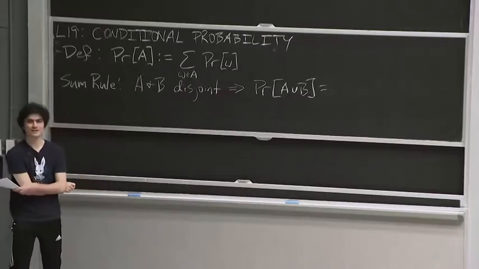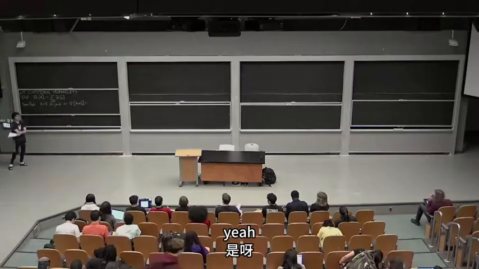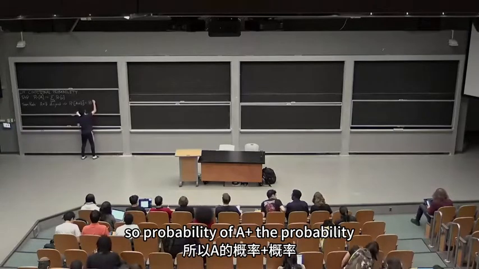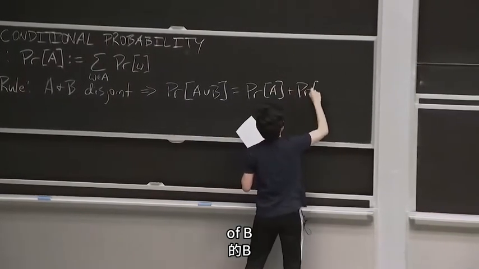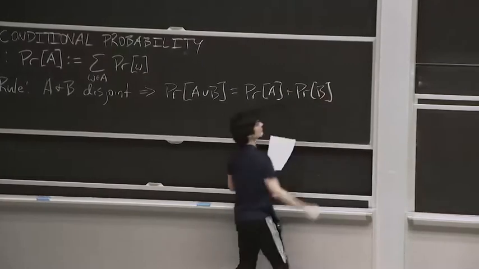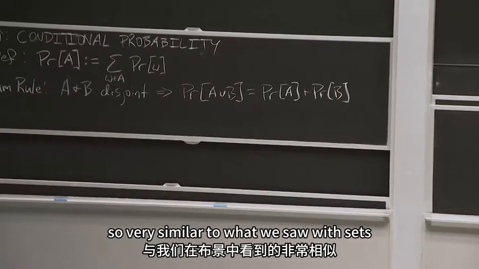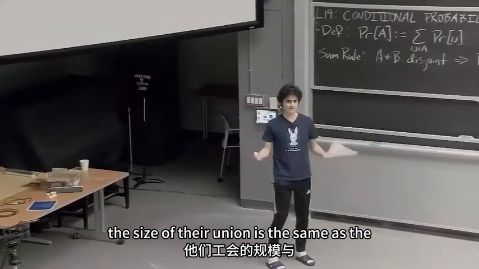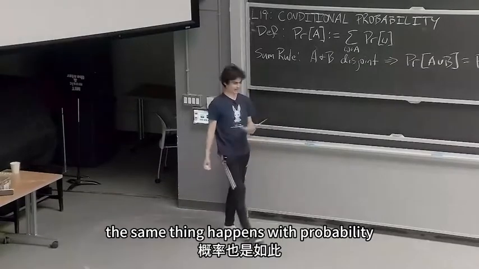Any ideas? Yeah, the sum of the probabilities. So probability of A plus the probability of B. Okay? So very similar to what we saw with sets. If you have two disjoint sets, the size of their union is the same as the sum of the individual sizes. The same thing happens with probability.